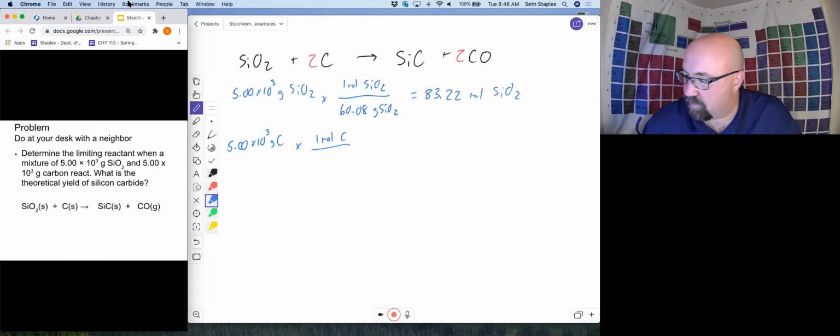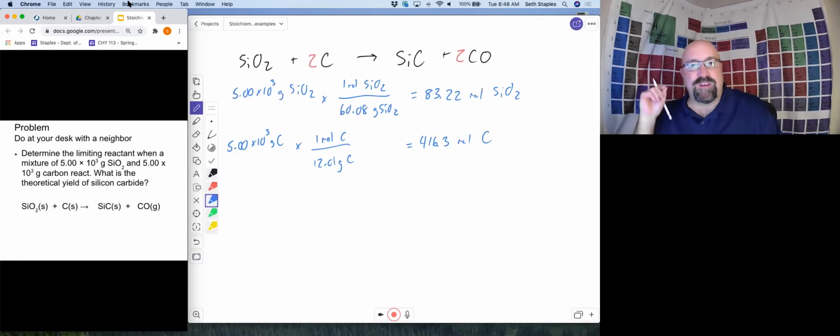The molar mass of carbon is 12.01 grams per mole. And so we have a molar amount of 416.3 moles of carbon.